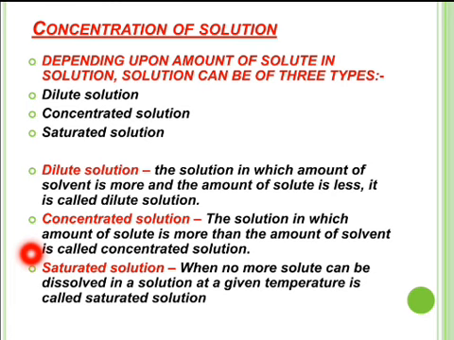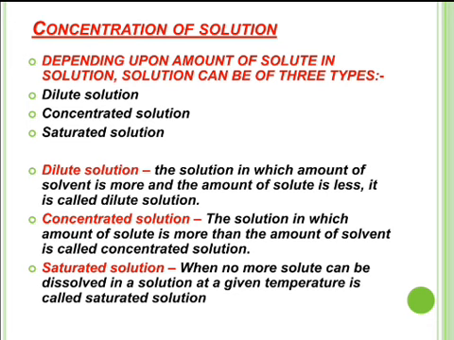It means the solution has turned saturated. It cannot dissolve more solute than its capacity. That solution is known as a saturated solution. When no more solute can be dissolved in a solvent at a given temperature, it is called a saturated solution.